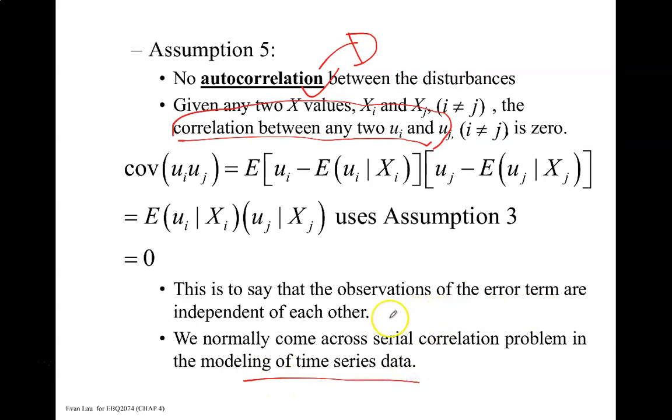Modeling time series data means that whatever happens this year is going to impact next year, like the coronavirus, COVID-19, that we have had since 2019, brought forward to 2020, brought forward to 2021, and might be 22, 23. The impact is still there.